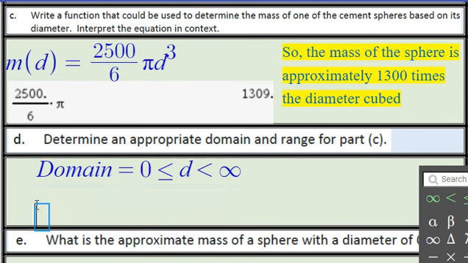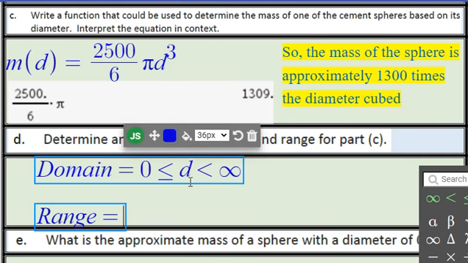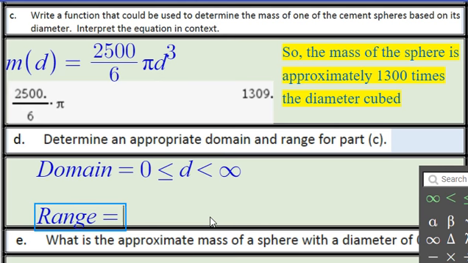Okay, for the range, we're talking about our mass, right? Again, if we had a diameter of 0, we wouldn't have any mass. So 0 is less than or equal to the mass, which is also less than infinity.